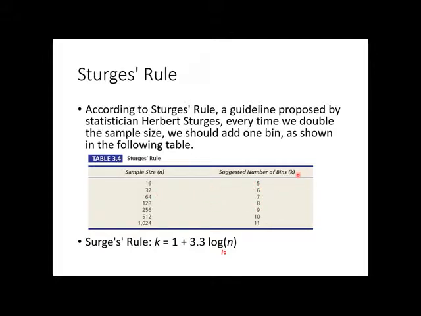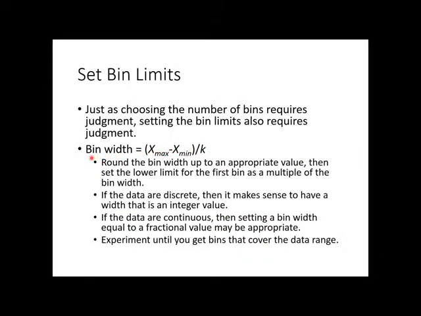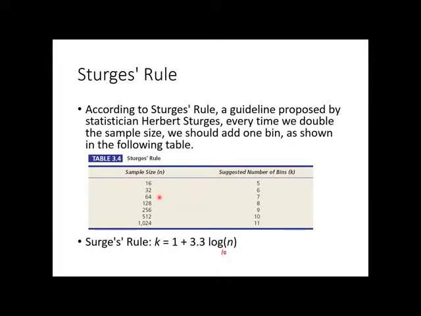Anyway, when you decide the number of bins, you have to decide the bin width. Please imagine the price earning ratio data. The maximum value in the price earning ratio was 59, the smallest value was 7, and the number of samples was 44.